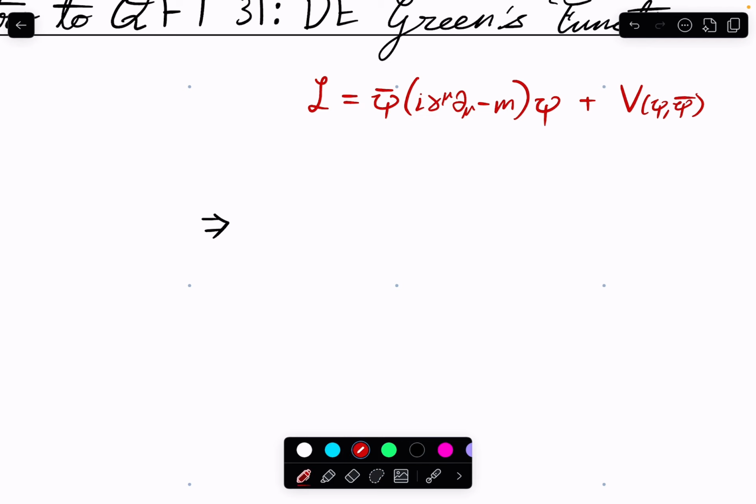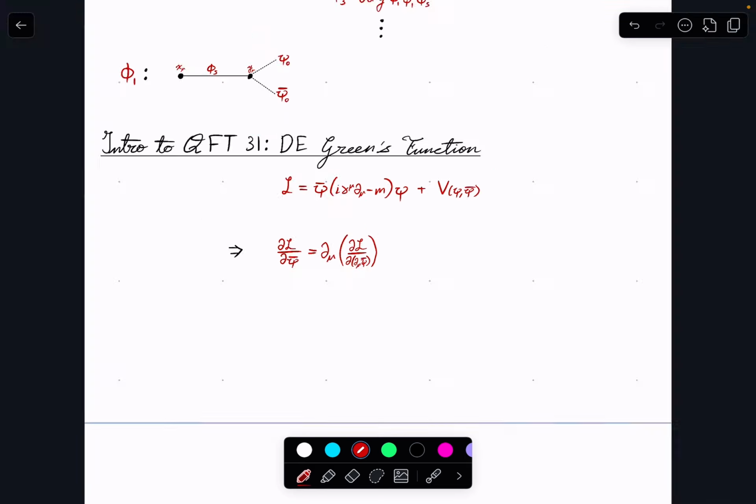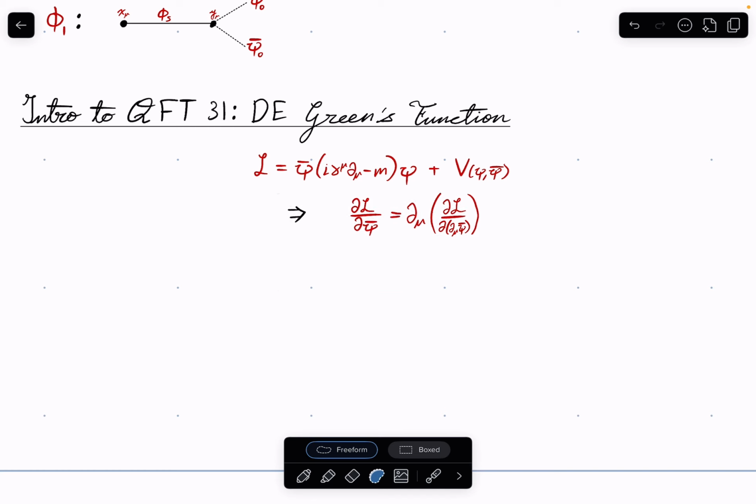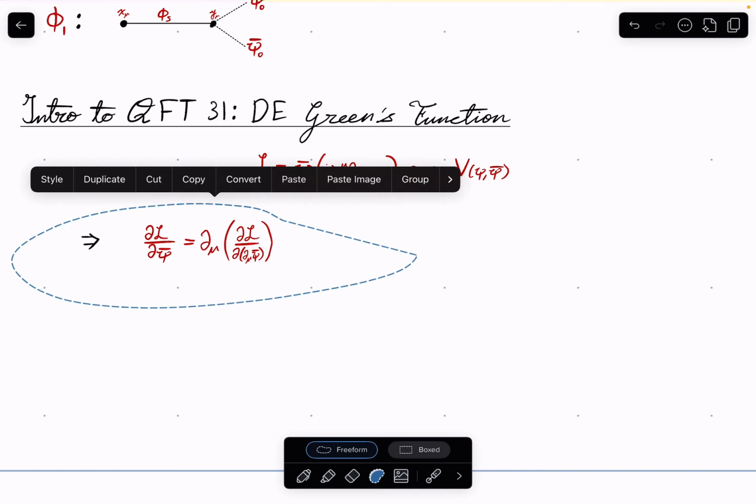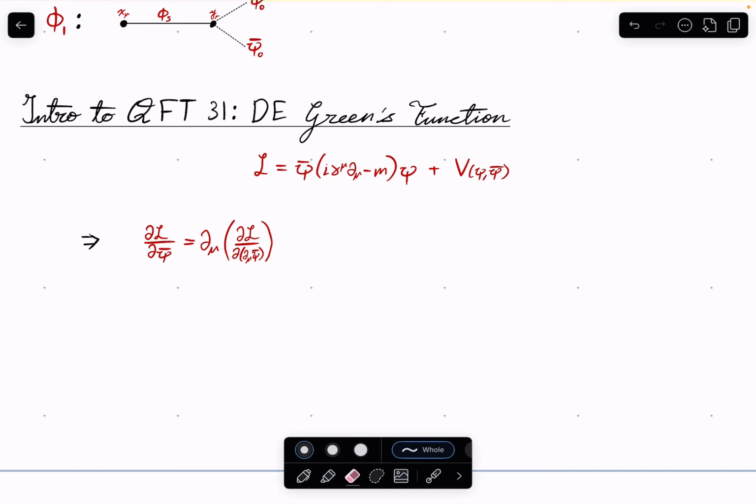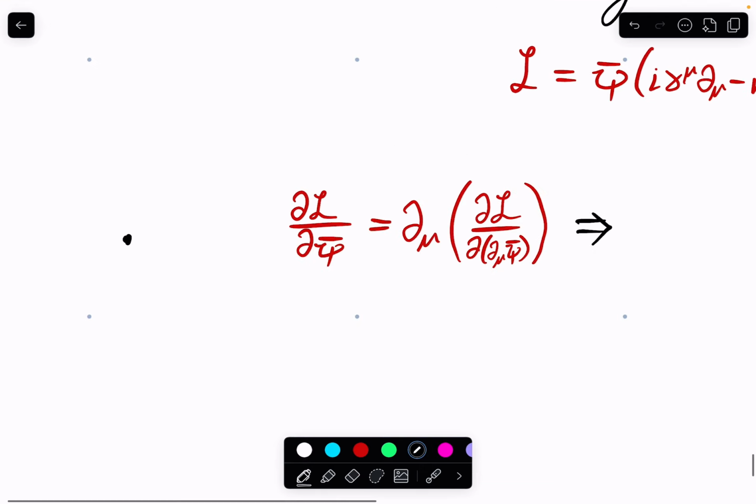So recall that the Euler-Lagrange equation is the partial derivative of the Lagrangian with respect to the conjugate spinor, minus the gradient of the partial derivative of the Lagrangian with respect to the gradient of the conjugate spinor. So we have this, implying here.